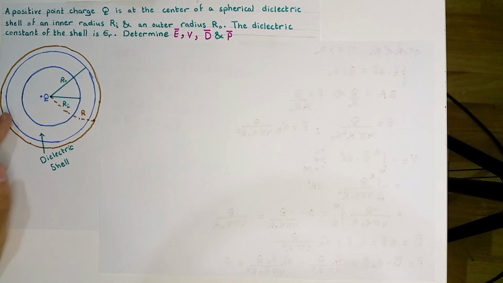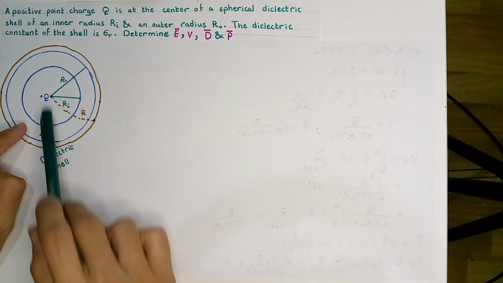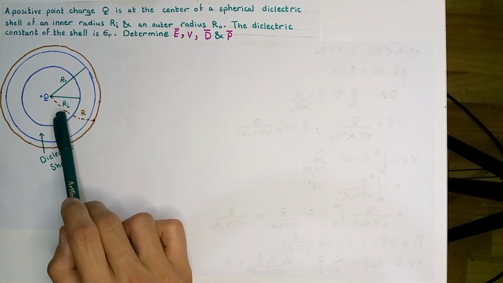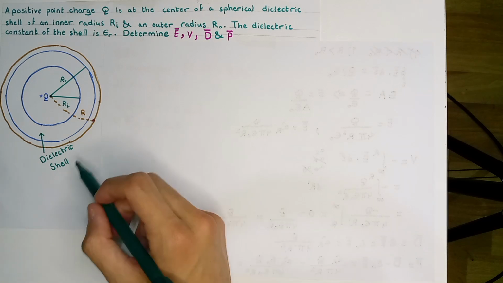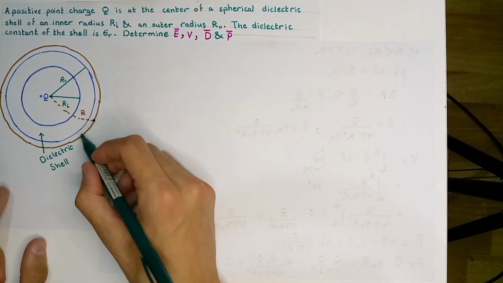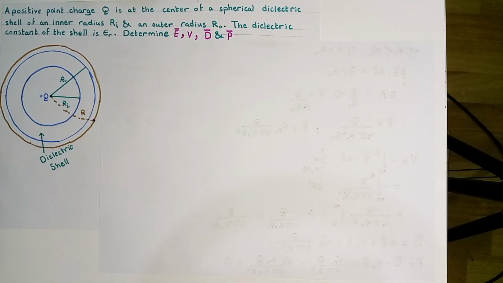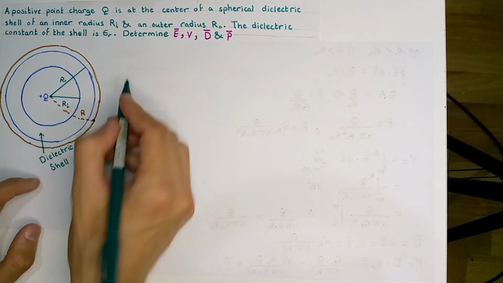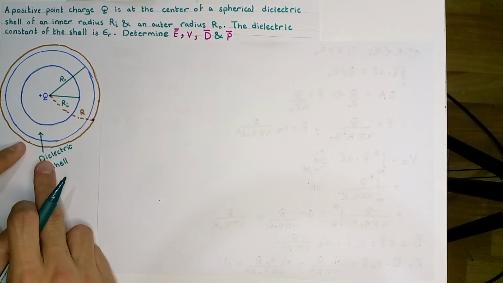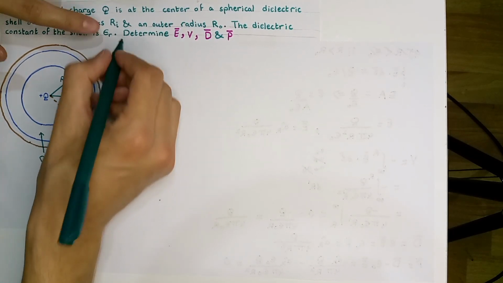You can notice that the electric field will be different between these three regions because we have bounds determined by R sub I and R sub O. So firstly, I'm going to determine the electric field at the region outside the spherical dielectric shell. For this, I'm going to construct a Gaussian surface, which is this brown colored sphere, in order to find the electric field from Gauss's law.